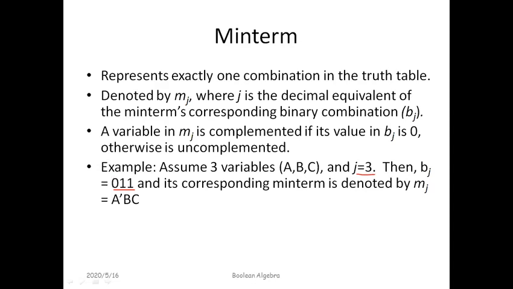Because there's a 0 appearing, as we mentioned here. Then 1, 1 will be BC. We're assuming that the variables here are A, B, and C. Then converting this 0, 1, 1 base 2 to base 10 gives us a 3.